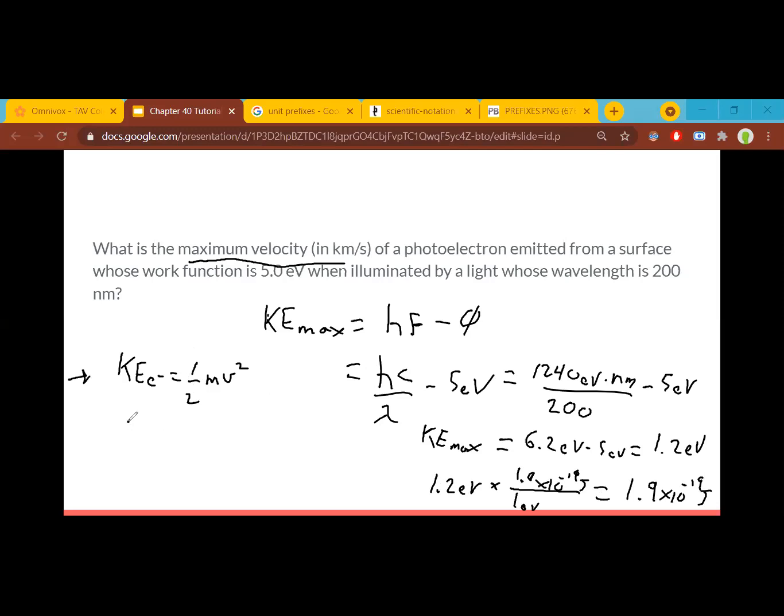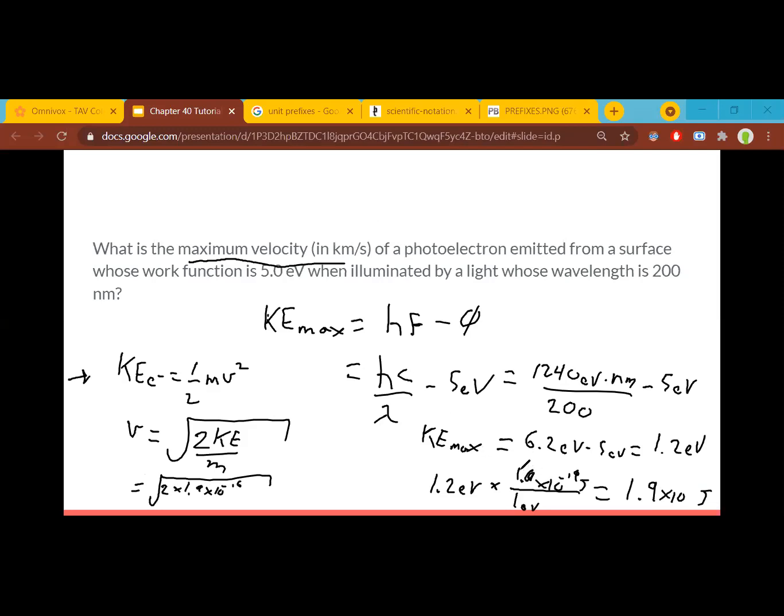Great. So now we can find the speed of the electron. There's a square, so don't forget to do a square root at the end. But basically, if you do the algebra all in one, you get 2KE over m, times 1.9 times 10 to the negative... wait, it's 10 to the negative 19, not 16. Actually, can anyone double check on this?